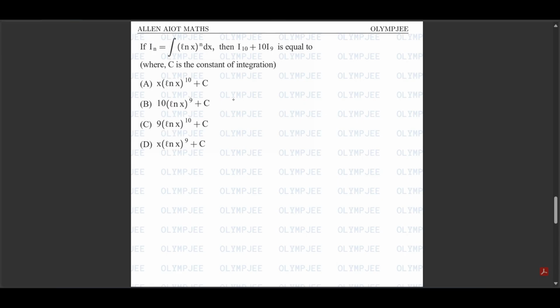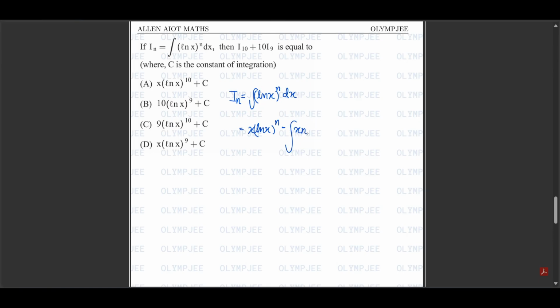So let us see. So In is given as ln x raised to power n dx, and if you apply by parts on this, so the first function is 1 and the second function is ln x raised to power n, right? So we will get x multiplied by ln x raised to power n minus of x, and now we need to differentiate this.